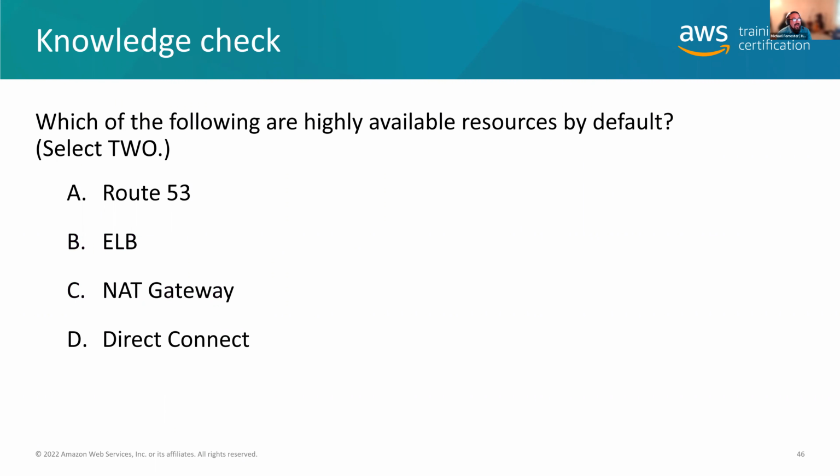Which of the following are highly available resources by default? Meaning regionally or globally highly available. Which of these are highly available by default across a region or globally?